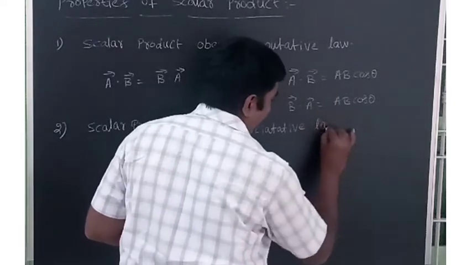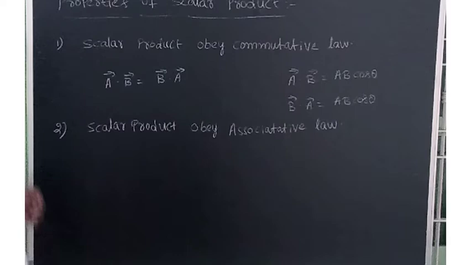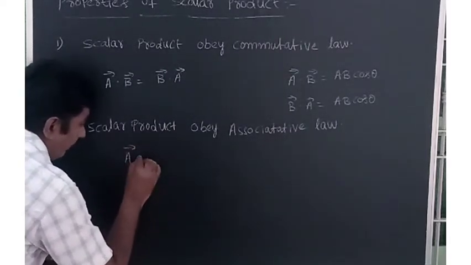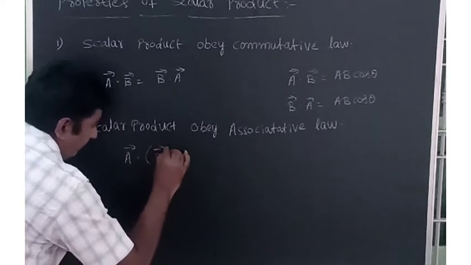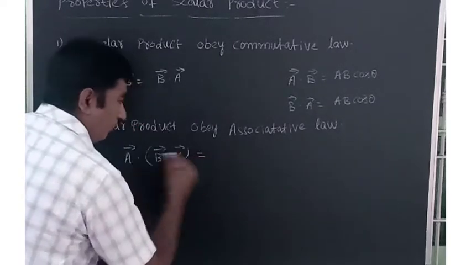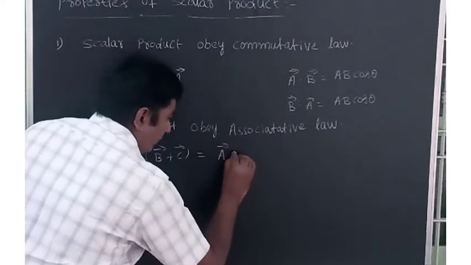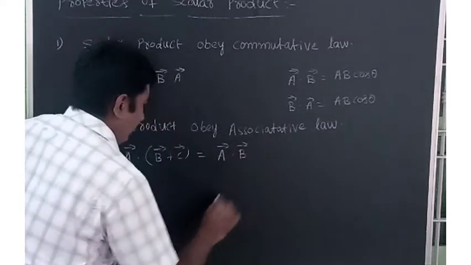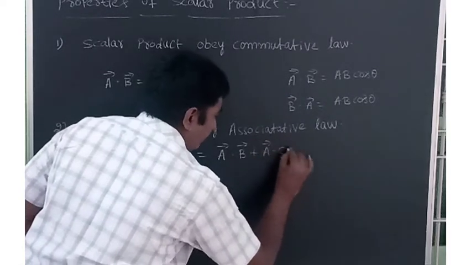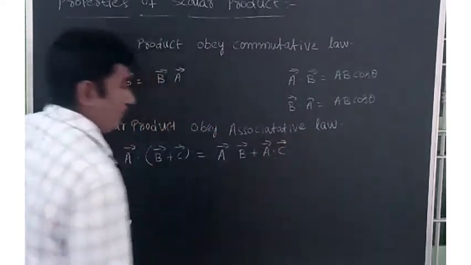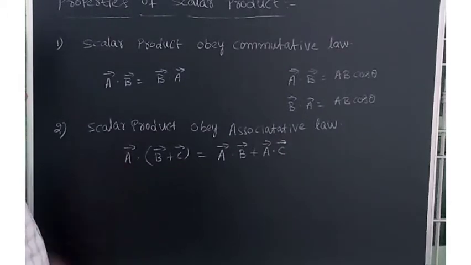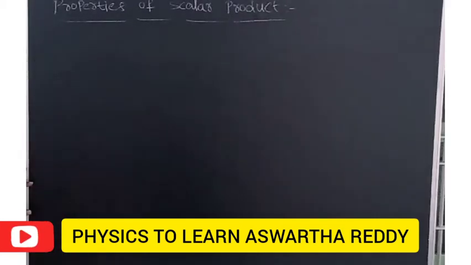Which we can write here as A vector dot (B vector plus C vector) is equal to, if you multiply, A vector dot B vector plus A vector dot C vector, which we are going to get. So this one I can call associative law. Okay, next one.